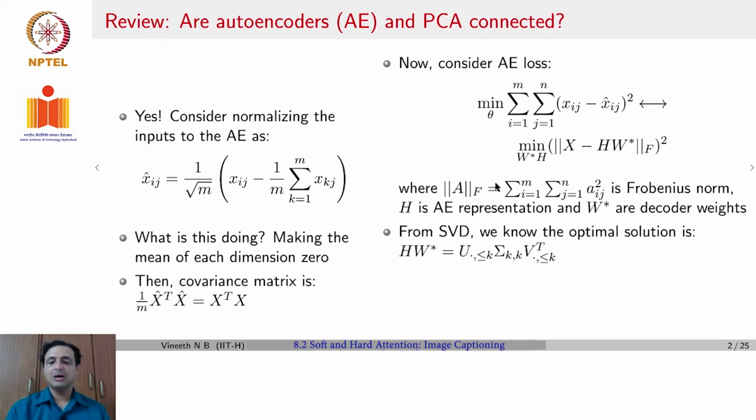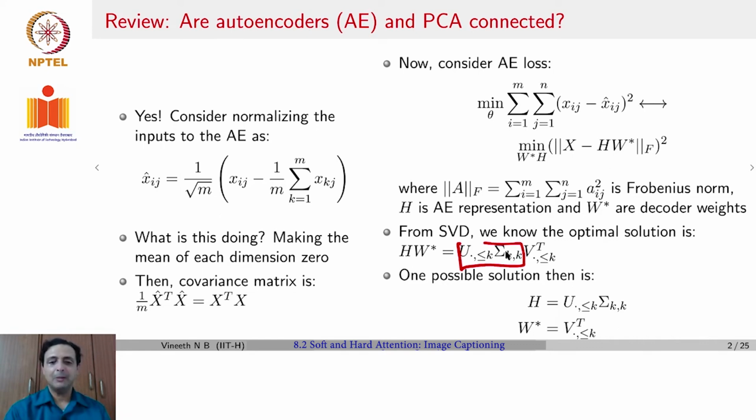This comes from the SVD decomposition of X. So if this was indeed the solution, then one factoring could be that H is the first two terms, U sigma, and W is V. This is one possible factoring, and let's consider this to be one of the outcomes of the neural network and move forward with this outcome.